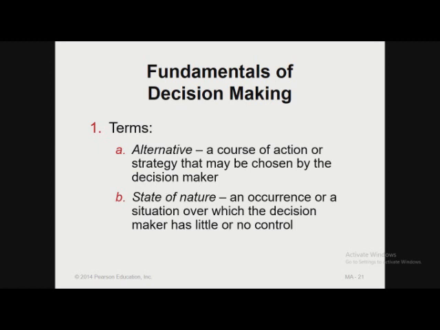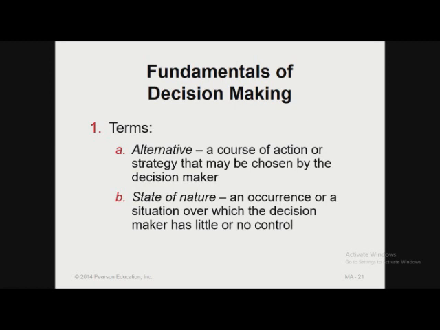Okay? So, ang mga terms nga ginagamit nato guys is first, the alternative. In the example, we have the constructing small plant, large plant, and do nothing. Okay? So, we also have state of nature nga i-identify sa problem, favorable market or unfavorable market.